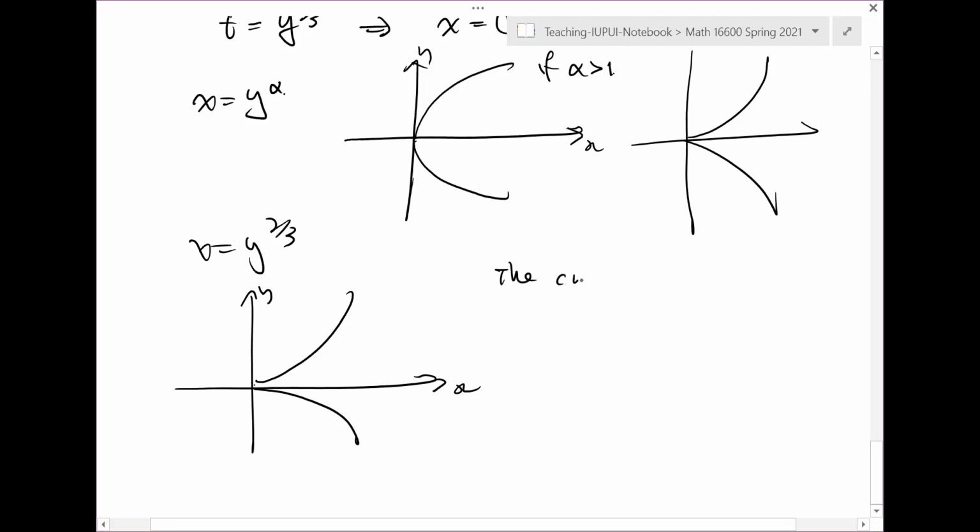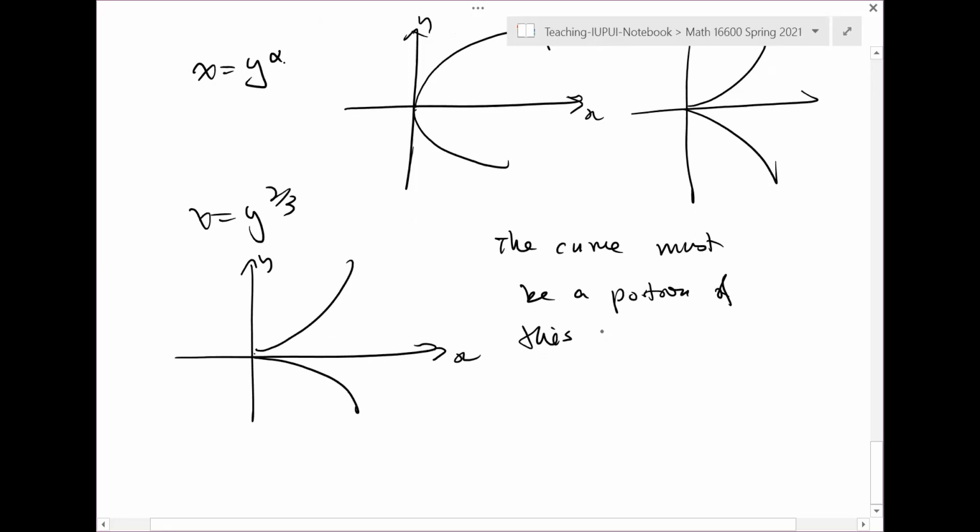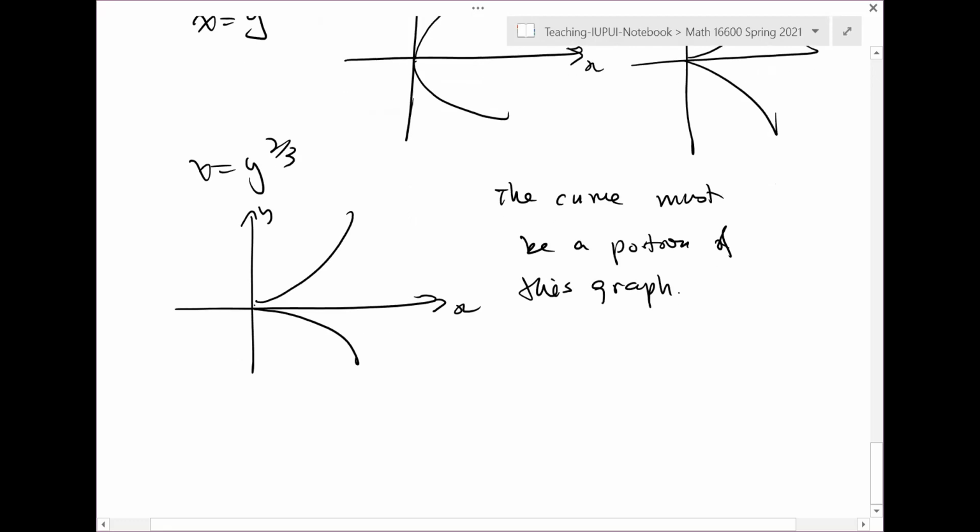So the curve must be a portion of this graph.